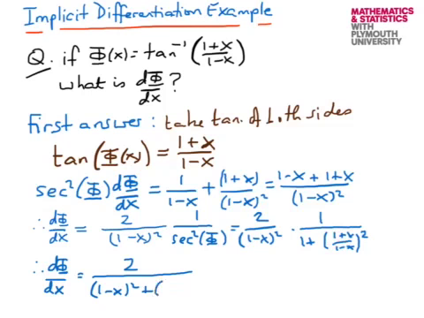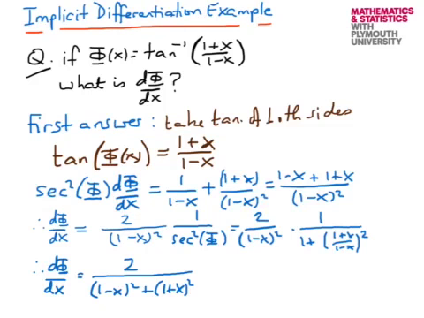And now when we expand this, we're going to have 1 minus 2x plus x squared plus 1 plus 2x plus x squared. So the cross terms, the minus 2x and the plus 2x, will cancel, and I'm going to have 1 twice over, and plus x squared twice. So I'm going to get 2 divided by 2 plus 2x squared.